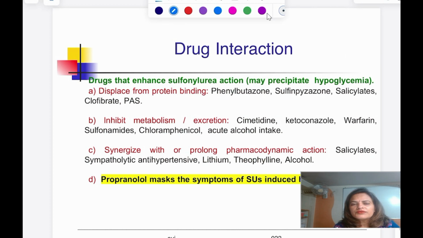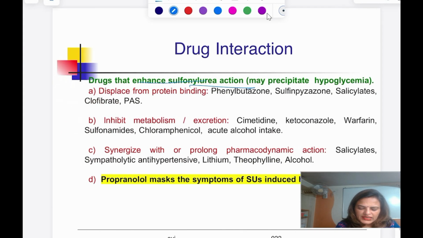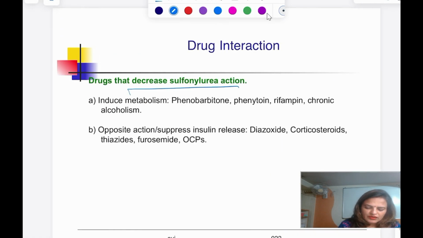A few important drug interactions you can see from the book also. There are drugs which enhance the sulfonylurea action, and a few which decrease it. Enhancing happens by inhibiting the metabolism; decreasing happens by increasing the metabolism.